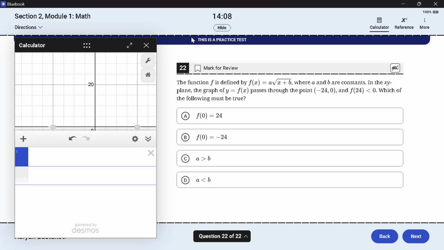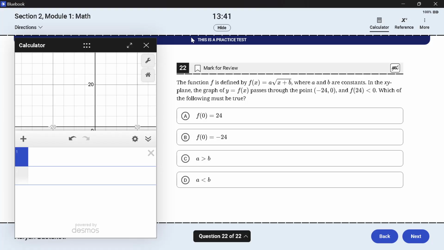So a root under 24 plus b is less than 0. This means root under 24 plus b can't be equal to 0. A can't be 0.